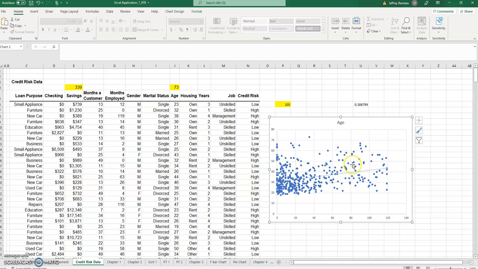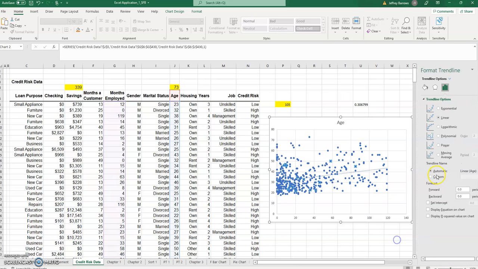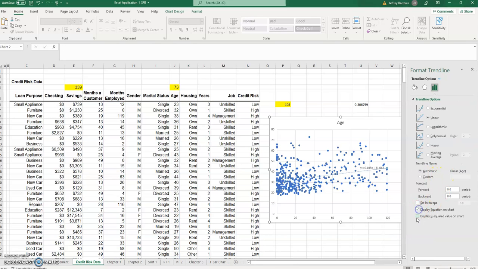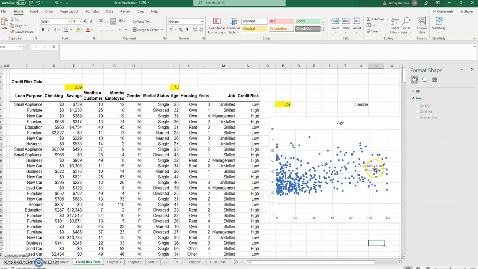But there is the line, and basically what we're saying is that the slope of this line is not 0.31. Actually, let me go back and show you what the slope of this line is. Add a trend line and display the linear equation on the chart.